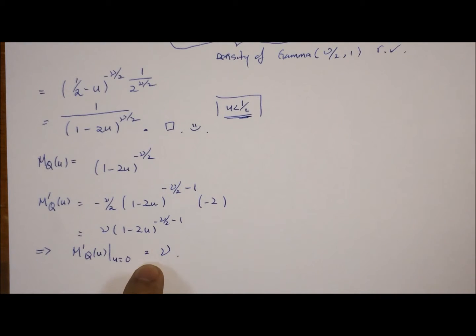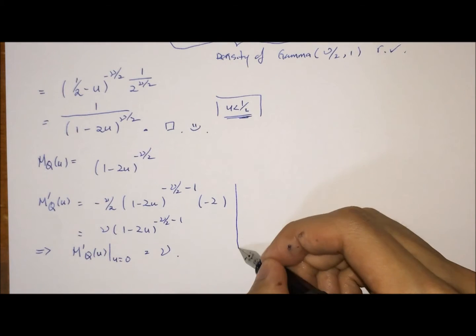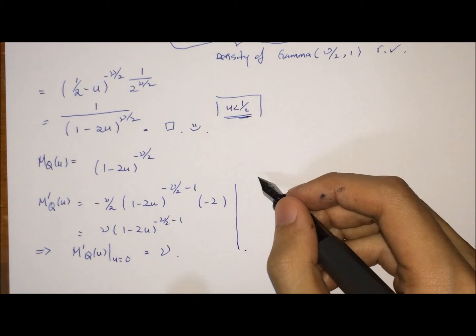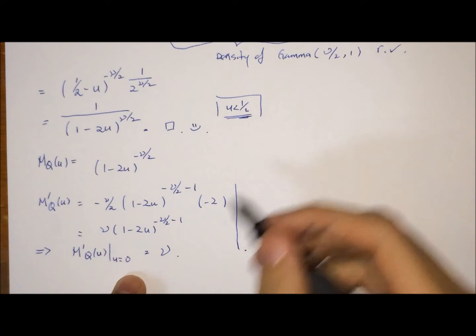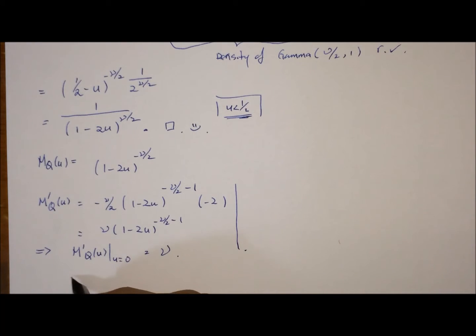Okay. Great. Fine. Now, to compute the variance, we have to compute the second moment. So let me just finish off. Therefore, expectation of Q is equal to nu.